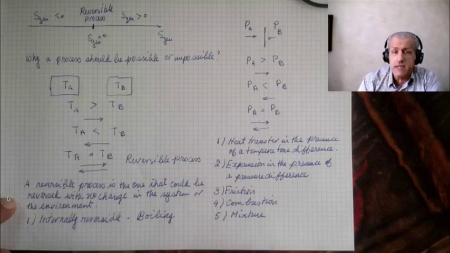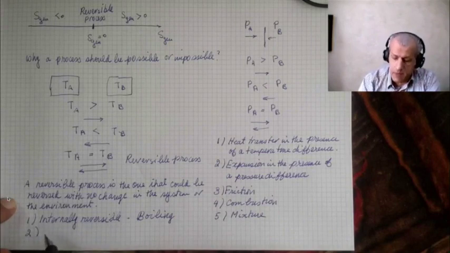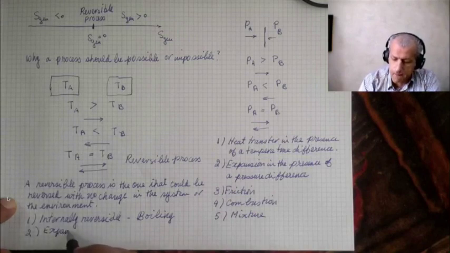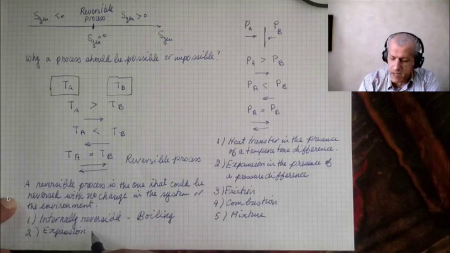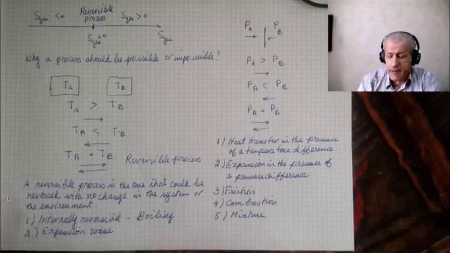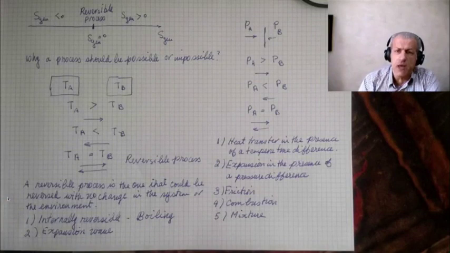So that is internally reversible. The second process that I've come across, which is reversible, is an expansion fan. Expansion wave. Why call it a fan? It's a Prandtl-Meyer fan, but call it a simple expansion wave.